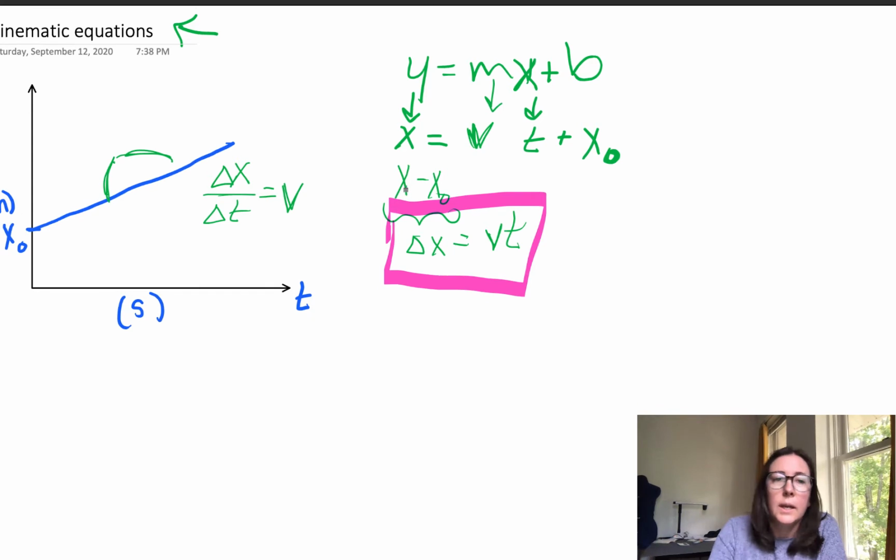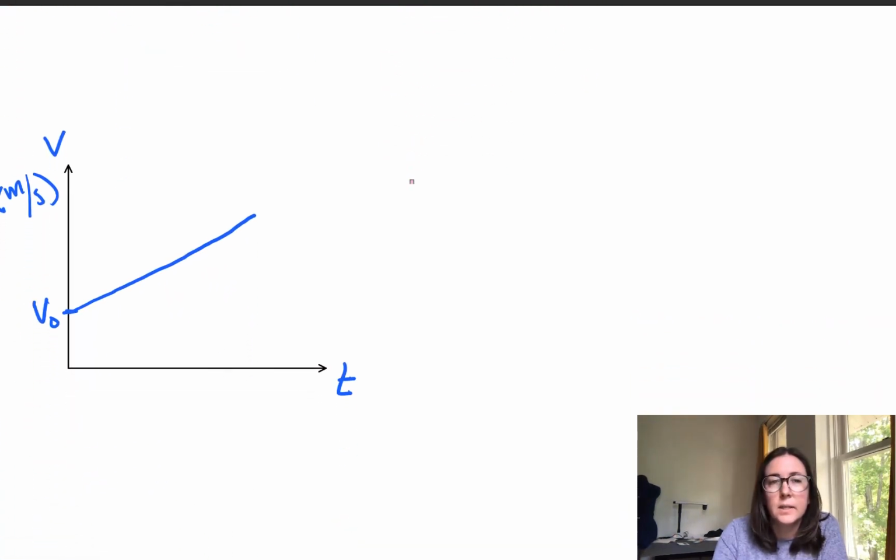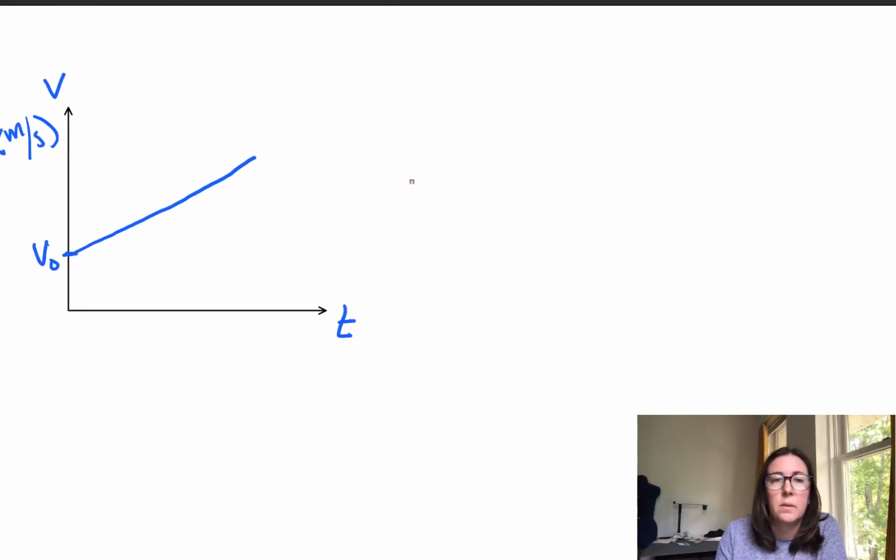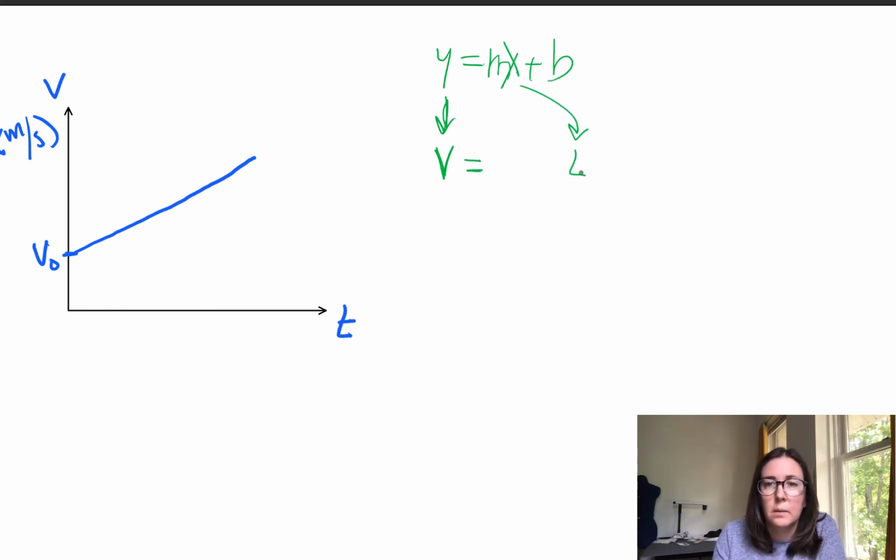Now, if we have a velocity versus time graph, we can do the same thing. I'll write my slope-intercept form again, y equals mx plus b. Graphed on the y is the velocity, equals, graphed on the x is time, plus b, my y-intercept v naught is my initial velocity.